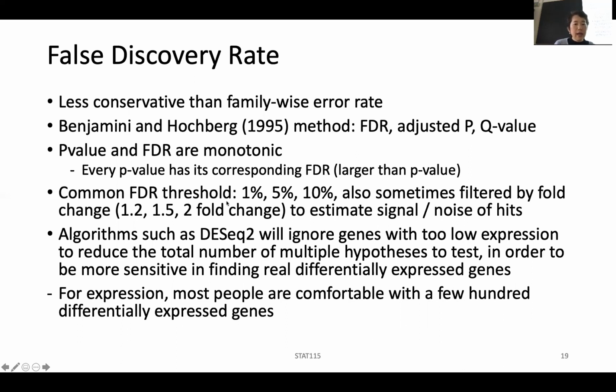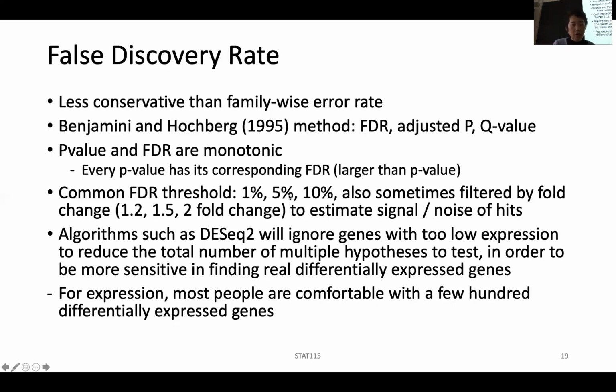At least when you say you're reporting FDR, the readers would understand that you have already done multiple hypothesis testing correction. And sometimes people, in addition to the FDR, also filter by fold change. Say the fold change needs to be 1.2 or 1.5 or 2 fold.